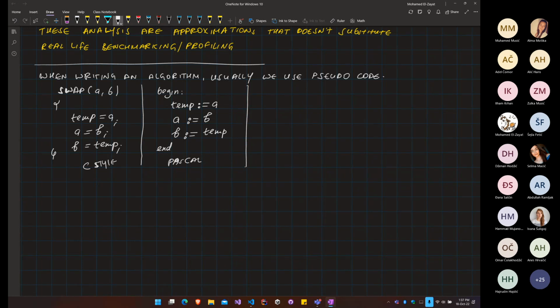In Introduction to Algorithms, the green book from MIT Press, they would write the swapping something similar to this: swap, but then they indent stuff. Actually, I think they don't even have braces. They say swap A, comma B, as far as I remember.